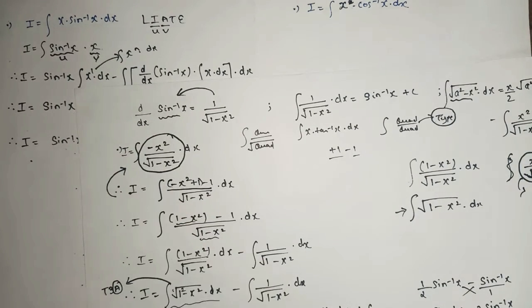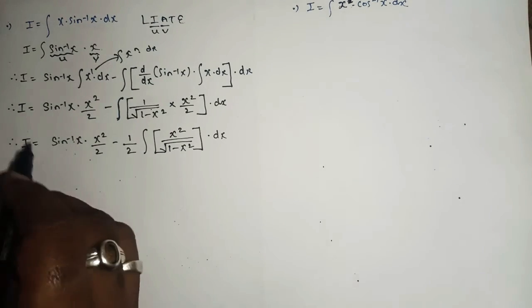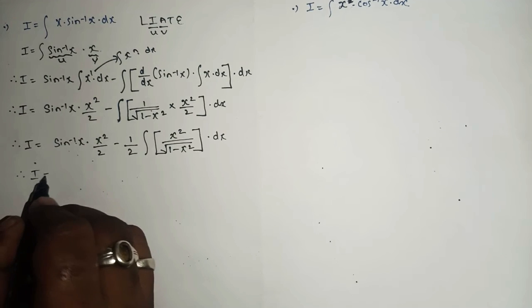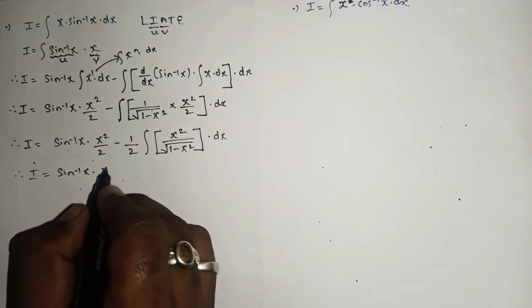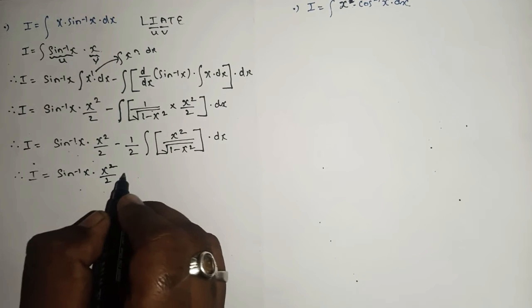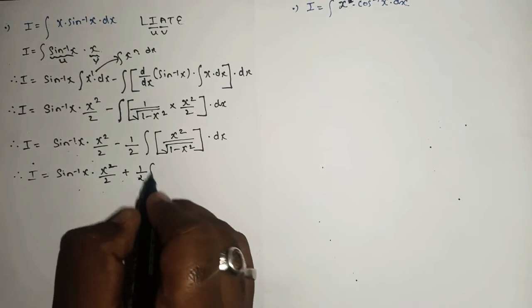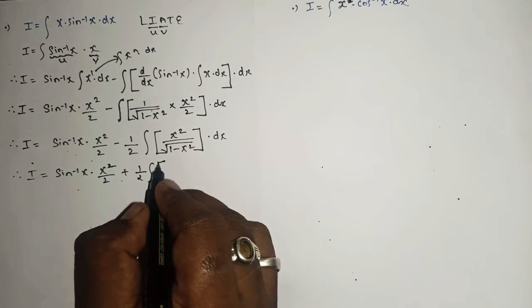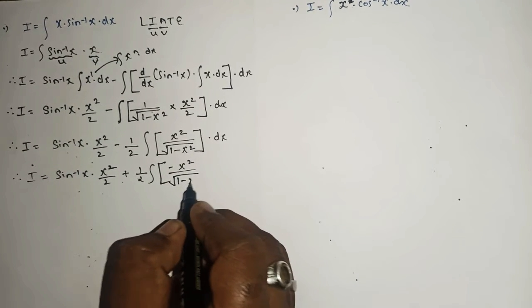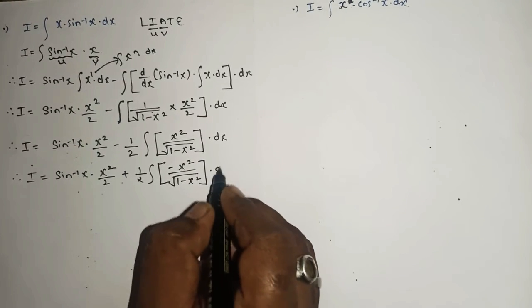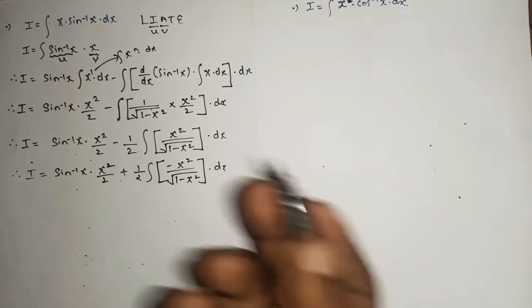But here it was minus, yes or no? So can I write the next step like this? Sine inverse x into x square upon 2 plus, we bring this minus inside, so minus x square upon root 1 minus x square. Can we do this step? Because this plus minus will be minus only, yes or no?